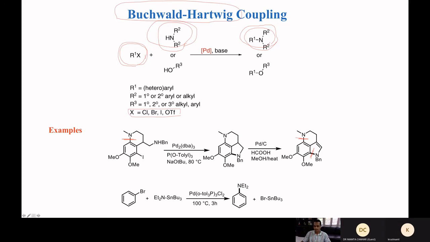What we are having essentially is an aryl iodide, for example, over here, and a nitrogen coming and doing the reaction at this center.